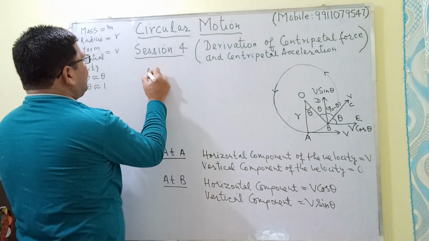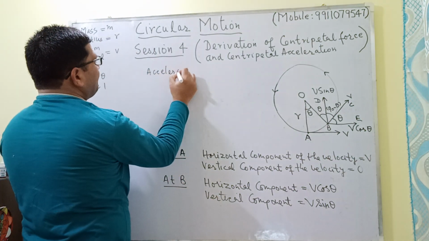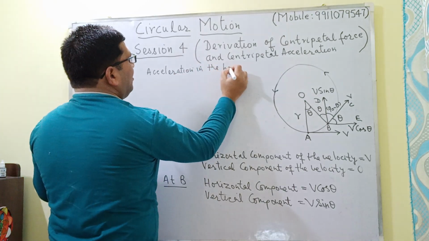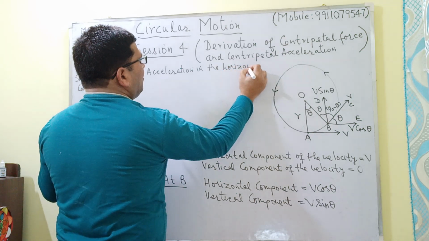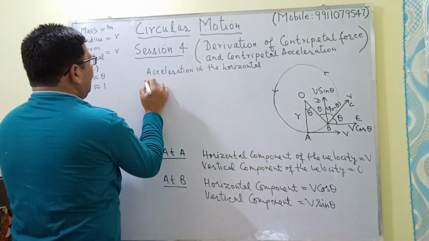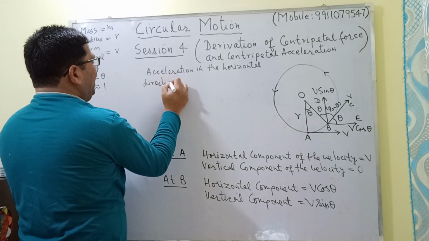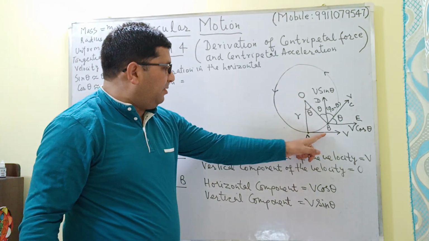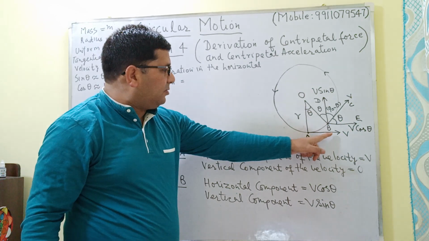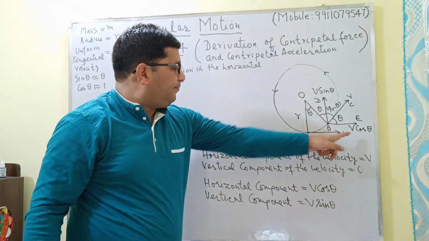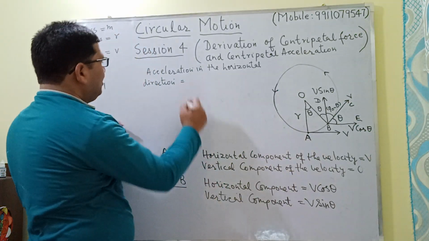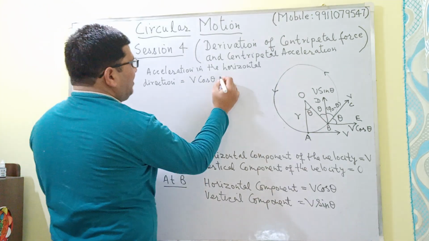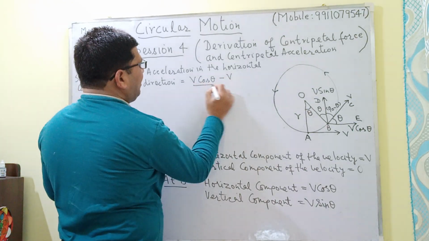So the acceleration of the body in the horizontal direction will be equal to V cos theta minus V, because acceleration is the change in velocity divided by the time interval. So V cos theta minus V, and the time interval is t.